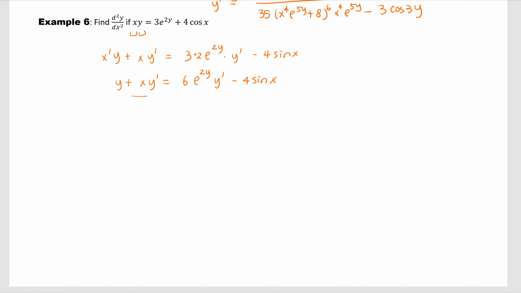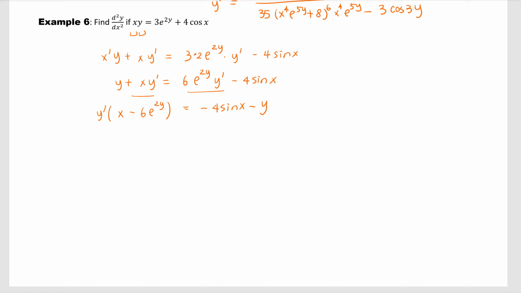So you can see here, these are the terms with y prime and these are the terms without y prime. So let's move the terms with y prime to the left hand side. And we can also factor out y prime. So I have y prime times (x minus 6e to the 2y). On the right hand side, I have minus 4 sine x minus y.